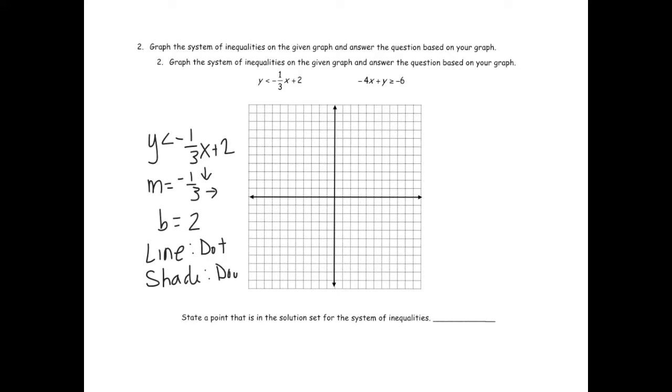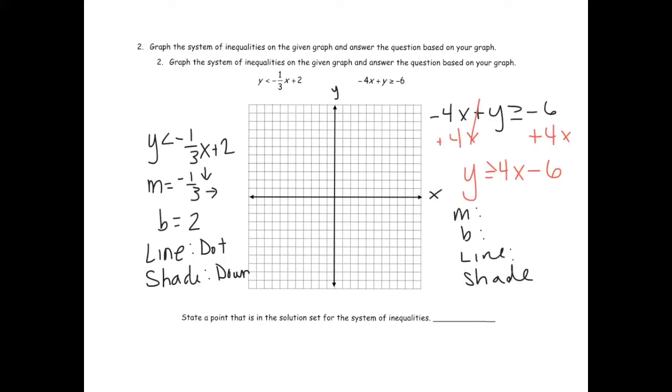Down. Okay. Now I'm just going to put this next inequality in slope-intercept form. Okay. So now it appears that my slope is 4/1, which means up 4, right 1. My y-intercept is -6.